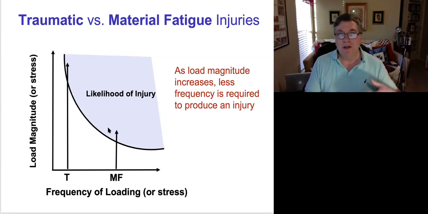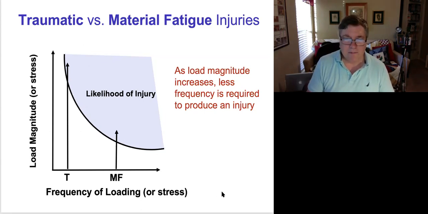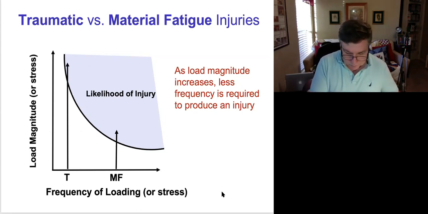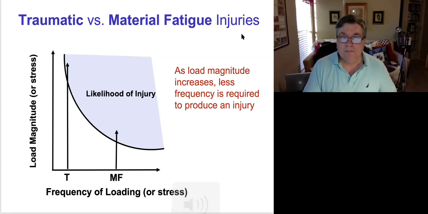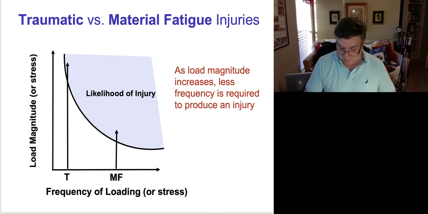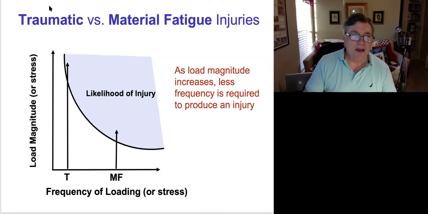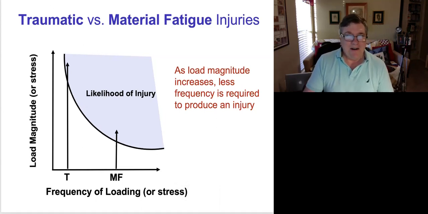And they happen with just a moderate amount of loading, but high frequency of loading. Oh, we're at the end. That's okay, so that's the end of this set of slides.